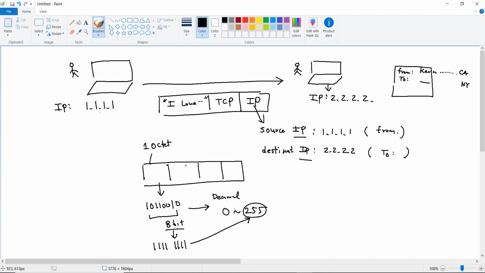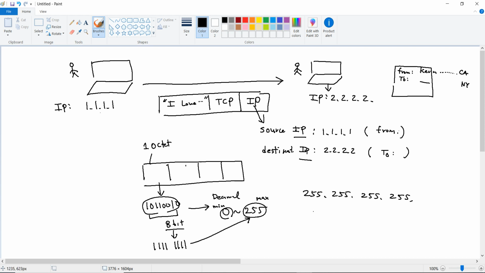So the range of the octet in decimal is from 0 to 255, a min and a max. For example, theoretically you can have 255.255.255.255.